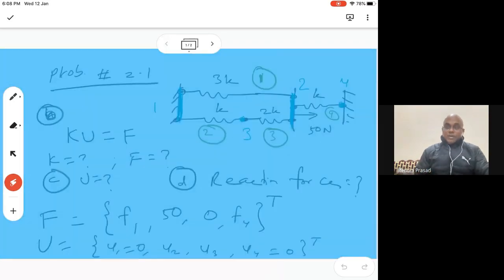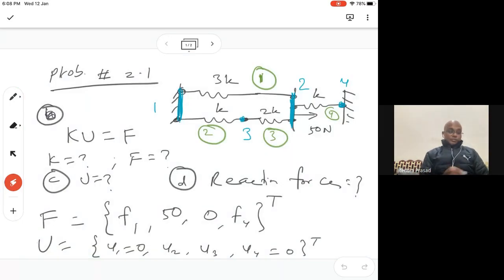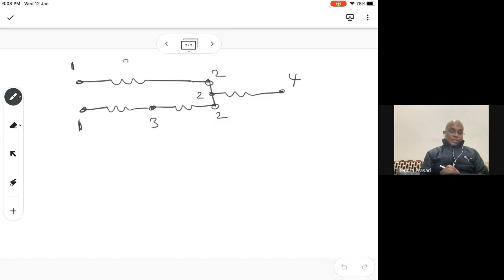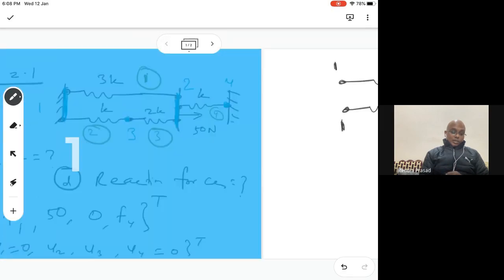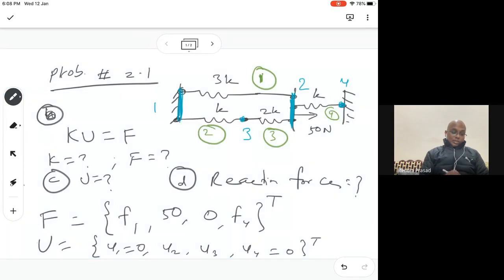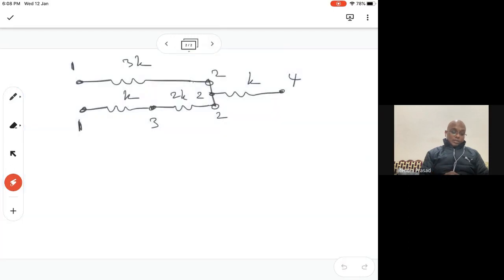Then we have the stiffnesses 3k, k, 2k, k.